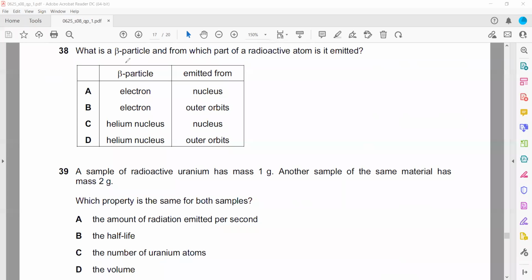Another question related to atomic physics. What is a beta particle? Beta particles are electrons, and from which part of a radioactive atom is it emitted? The source of all the radioactive radiation is the nucleus. Alpha, beta, and gamma all are emitted from the nucleus. What happens inside the nucleus of an atom?